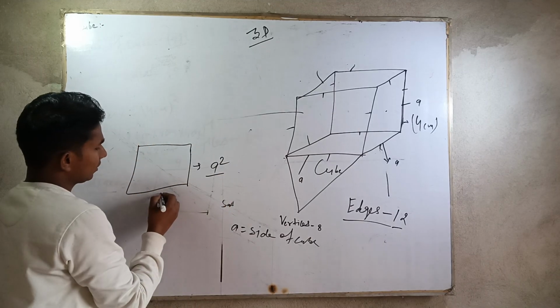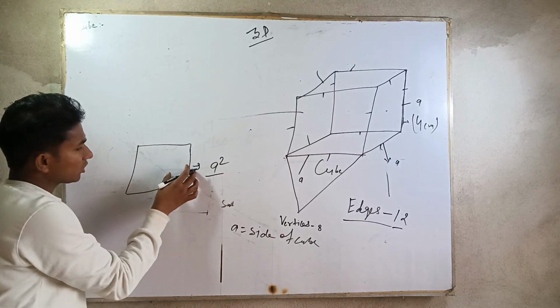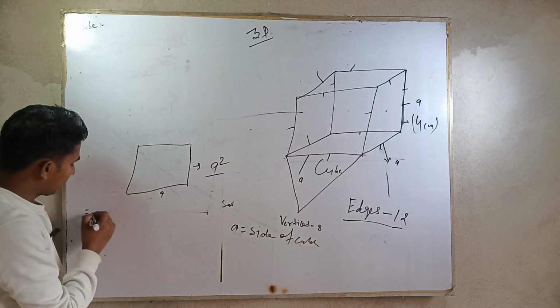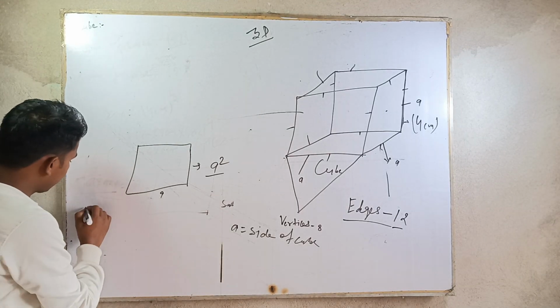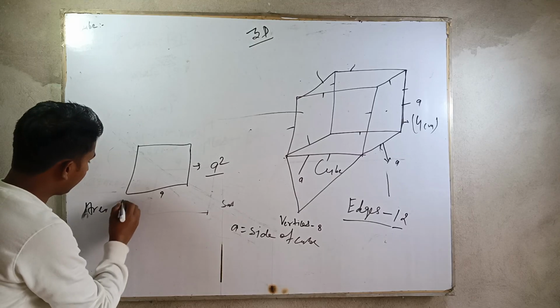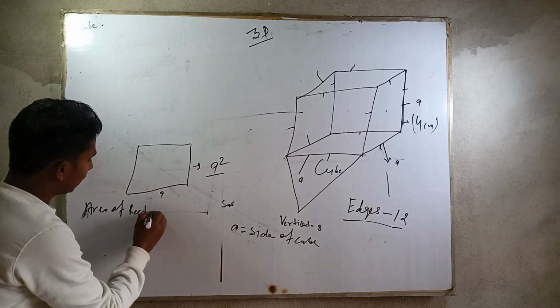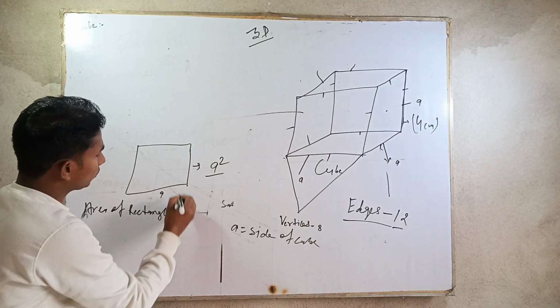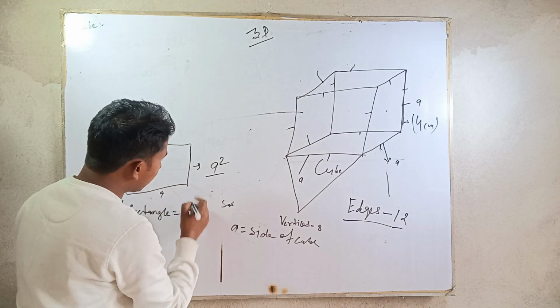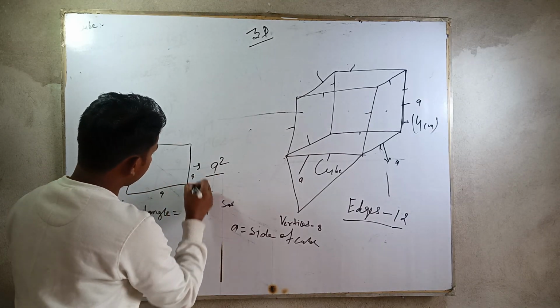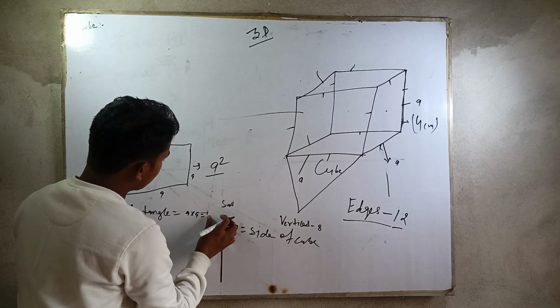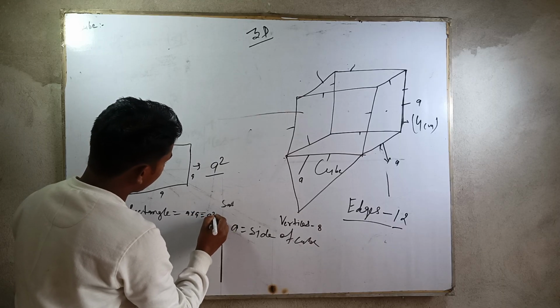The area of a rectangle is equal to length into breadth. Length is a and breadth is also a, so it will be a square.